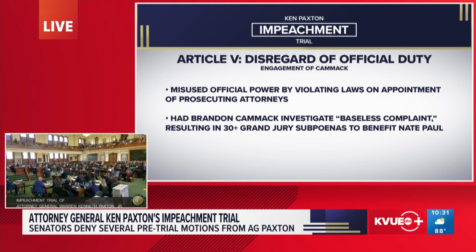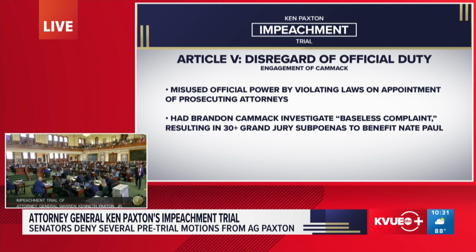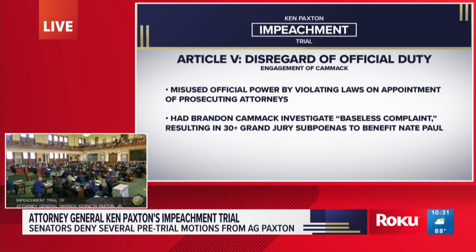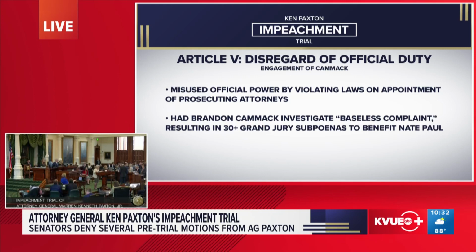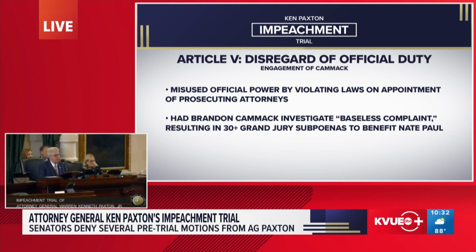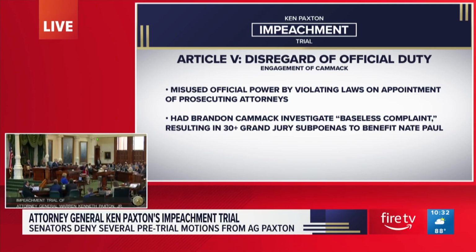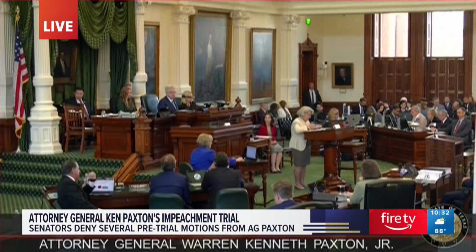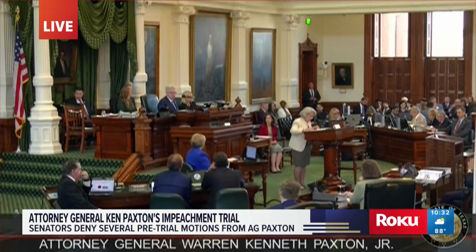And Ashley, this was so striking because Ken Paxton's staff, his top brass, said to him, "We do not believe, Mr. Attorney General, that you should be engaging in this at all with Nate Paul." And so they claim that unbeknownst to them, Ken Paxton then hired a special prosecutor, an attorney who had no prosecutor experience from Houston, had only in fact been out of law school for a few years. And so that was especially baffling to Ken Paxton's top brass.